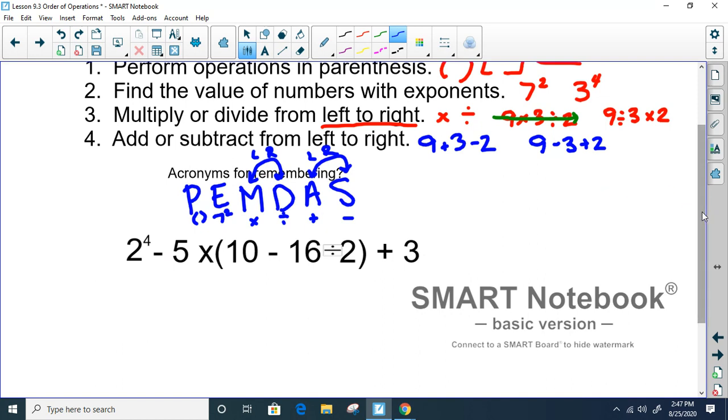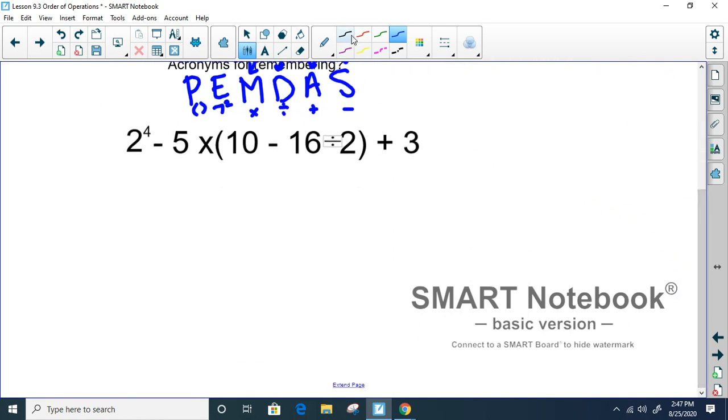So what we're going to do next is this problem together. Using our order of operations, or PEMDAS, we're going to go through this like a checklist. The first thing that we're going to do is parentheses. So I'm going to find my parentheses here, and I'm going to do anything inside of them. Now, if we notice, there's a subtraction and a division. In my order of operations, I still have to follow this inside my parentheses.